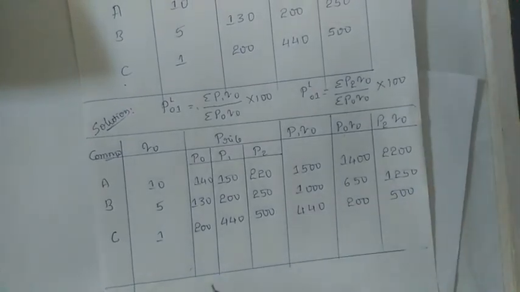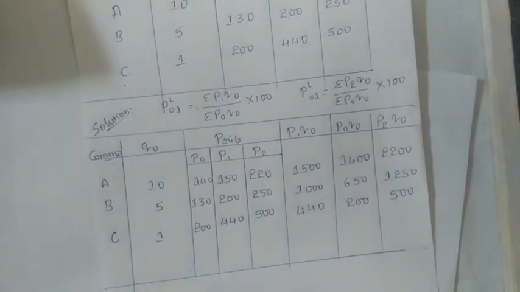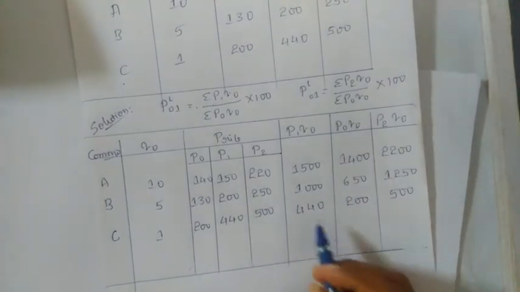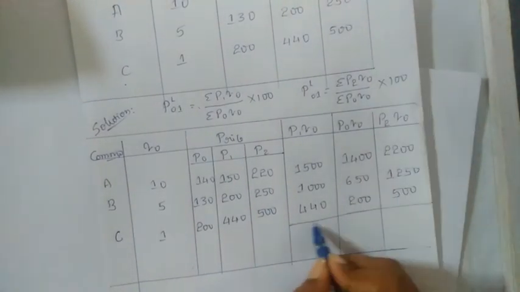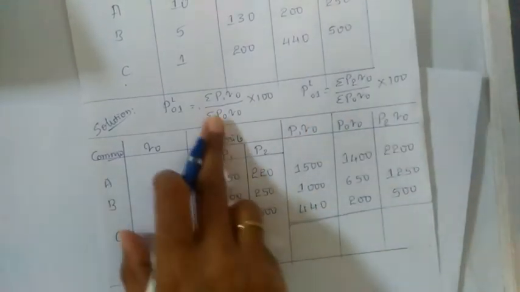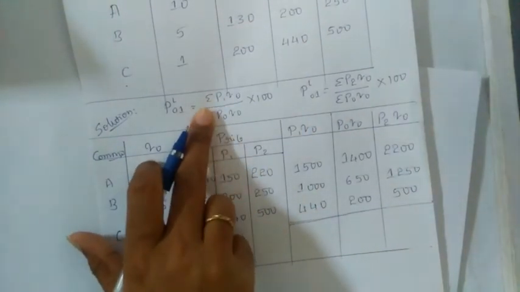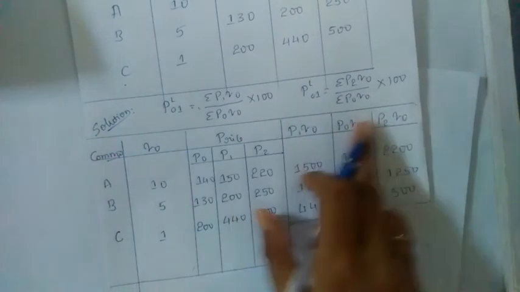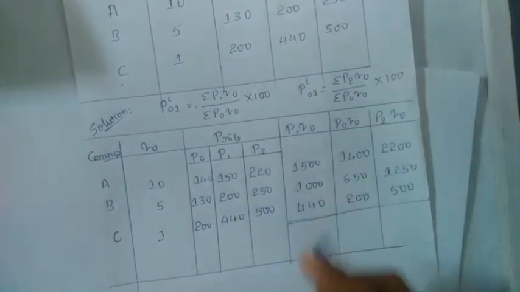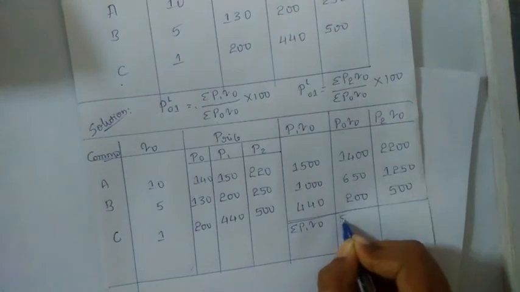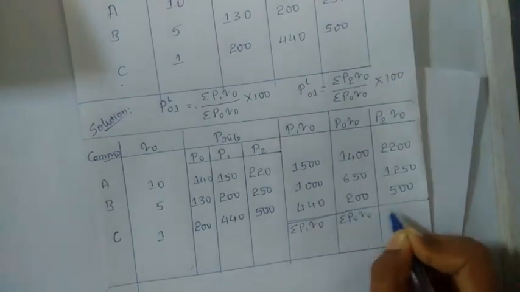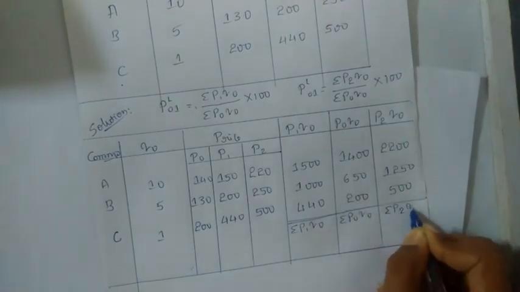So which column is needed? The total column. You have to total these, because you need the summation value. So summation P1 Q naught, summation P naught Q naught, summation P2 Q naught.